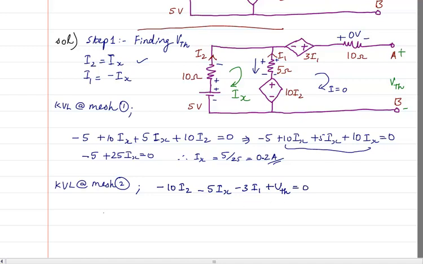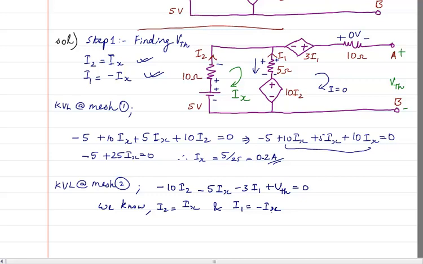Now we know that I2 is equal to Ix, which we have already seen here, and I1 is minus Ix, that also we have seen here.